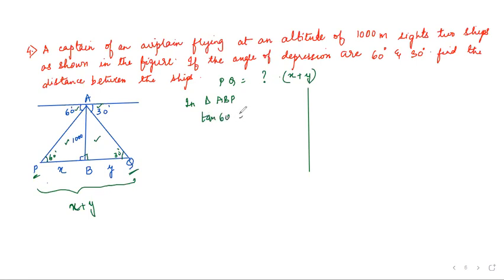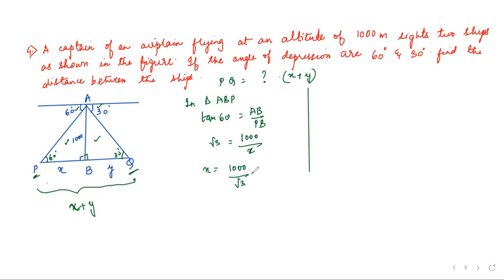tan 60 is equal to AB by PB. So perpendicular by base. So tan 60 is √3 is equal to AB is 1000, BP is x. So x will be equal to 1000 by √3.